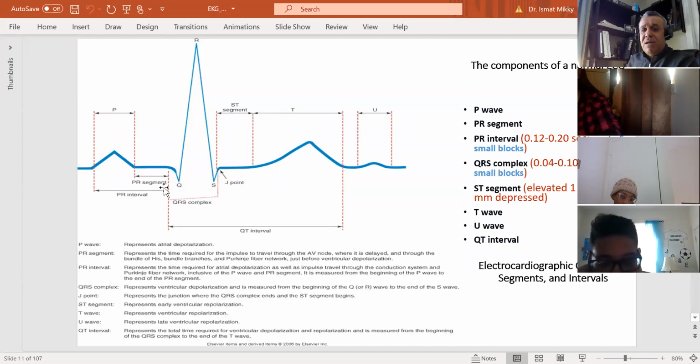We have reference ranges and lengths for each one. Again, we use the x-axis to measure how long it took the impulse to travel from the SA node to reach the AV node, which is the PR interval.